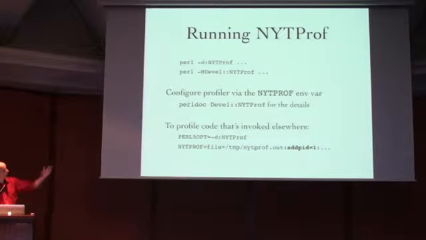So here I'm saying, write the profile to this particular file, and addpid=1 means that every process will get its own output file. Now, if you're running a script that spawns a lot of Perl processes, you'll end up with a separate profile for every process.